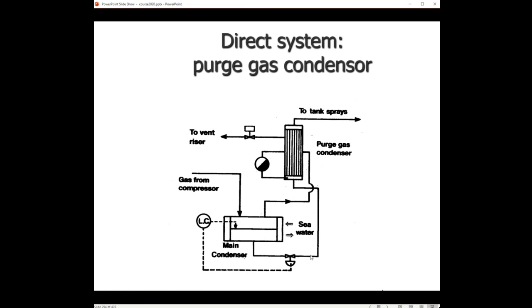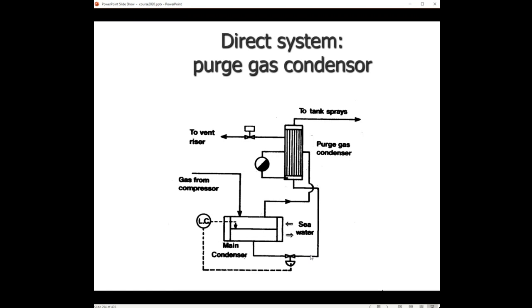What are these impurities? Well, it can be nitrogen, it can be oxygen. They will not liquefy under the conditions of the condenser. They will only accumulate in the condenser. After a number of hours running of this system, all your oxygen and all your nitrogen will accumulate at the top of your condenser, the pressure will increase, and the efficiency will decrease.